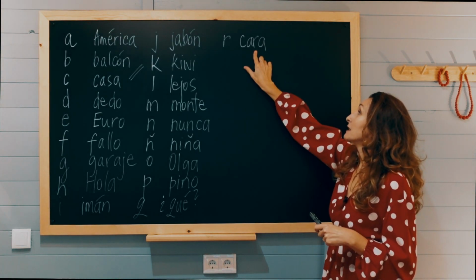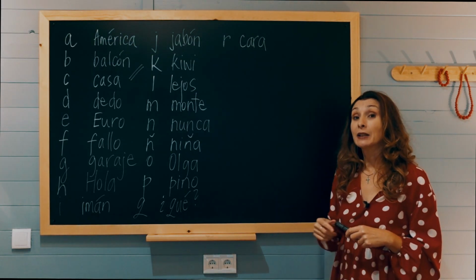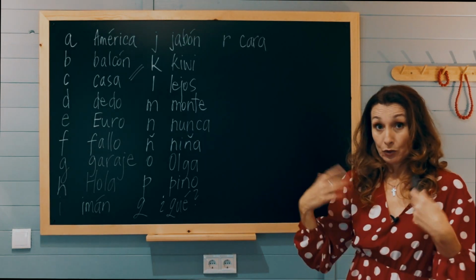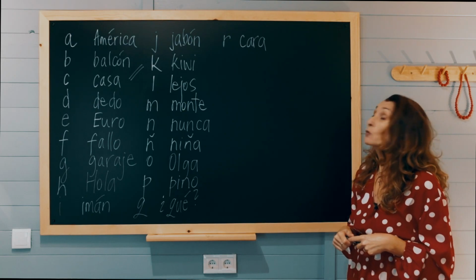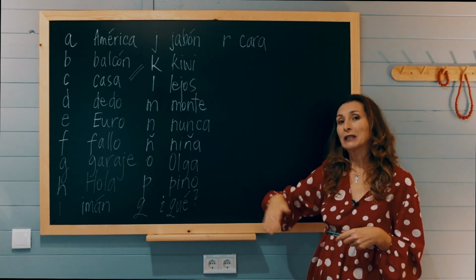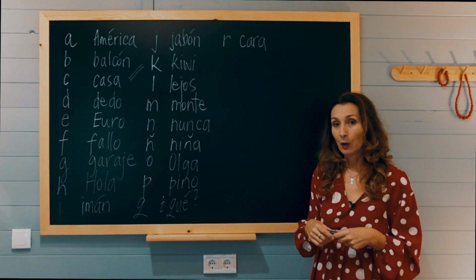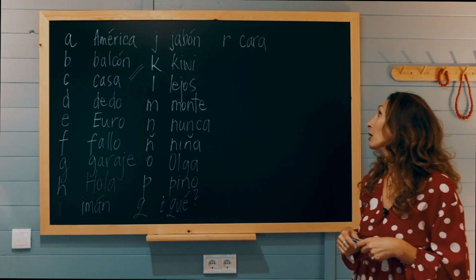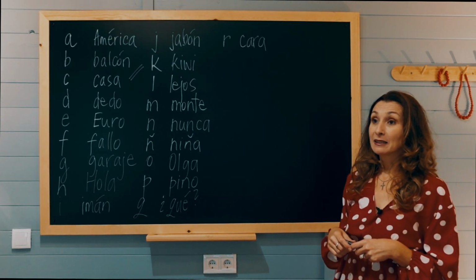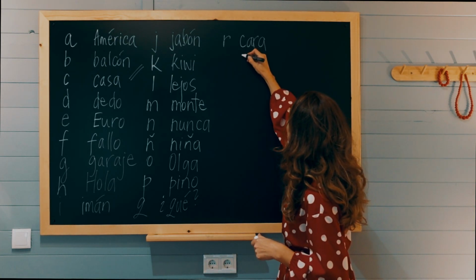The reason I didn't write a word that starts with an R is because when you do see a word that starts with an R, or you want to say a word that starts with an R, it's not just R, you have to roll it even more. It's like a double R. Okay, so a word starting with an R, as in rollo, for example.